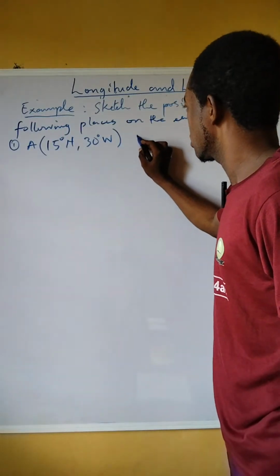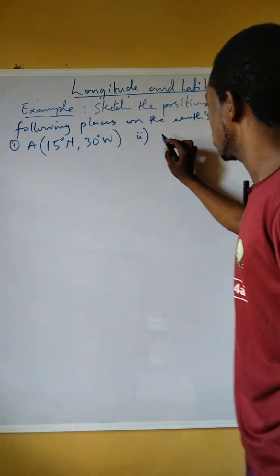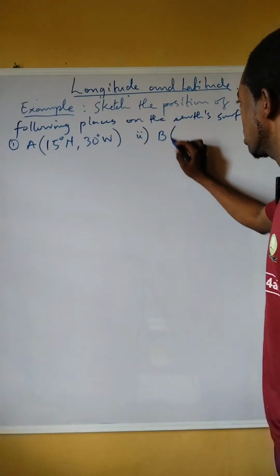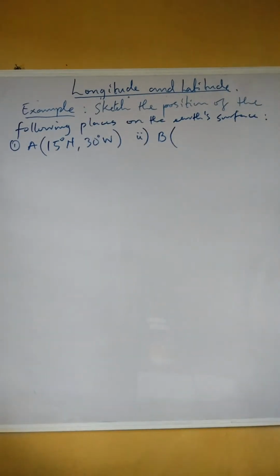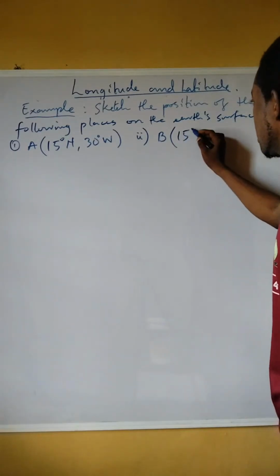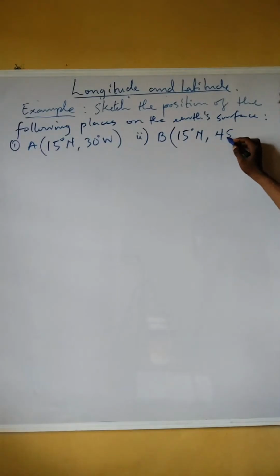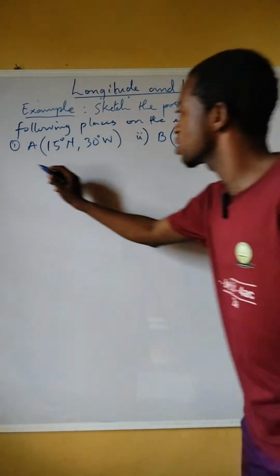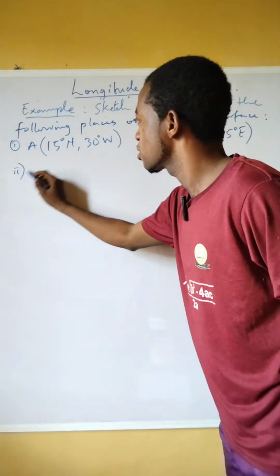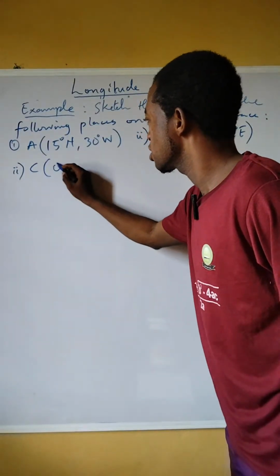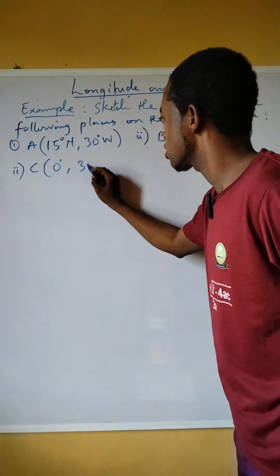And also number 2, we have point B, and point B is given as 15 degree north, 45 degree east. And also we have point C, 0 degree, comma 30 degree west.